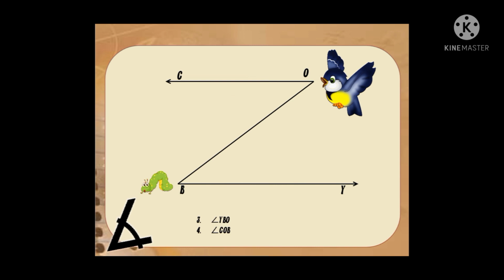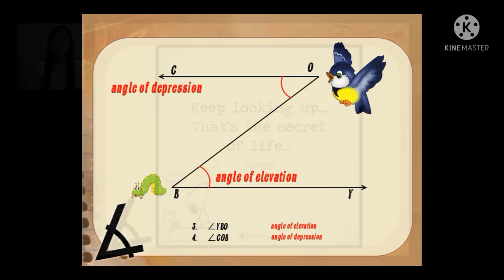Time's up. Number 3, angle YBO is angle of elevation. Number 4, angle COB would be angle of depression. I hope you got it right.